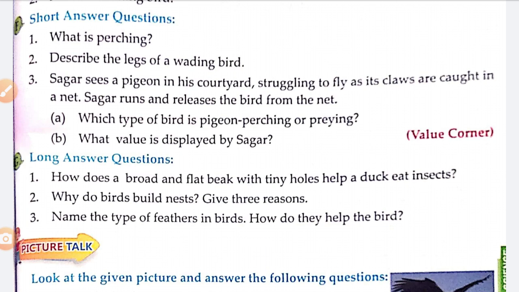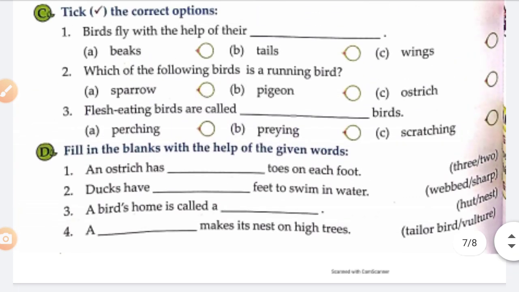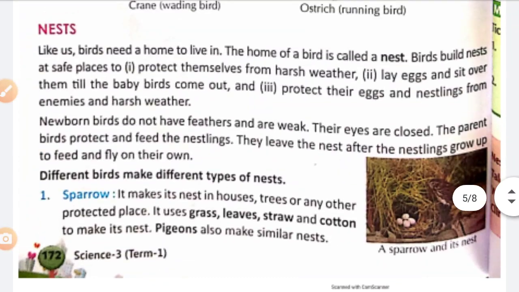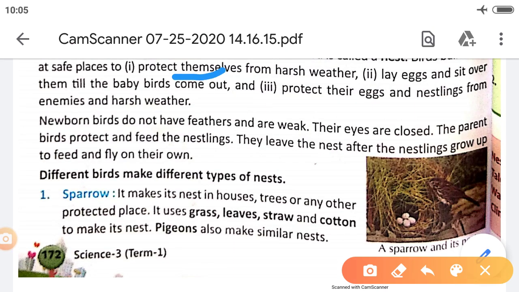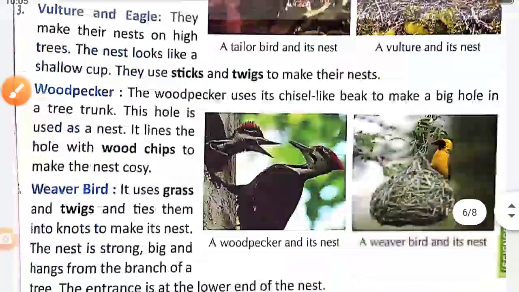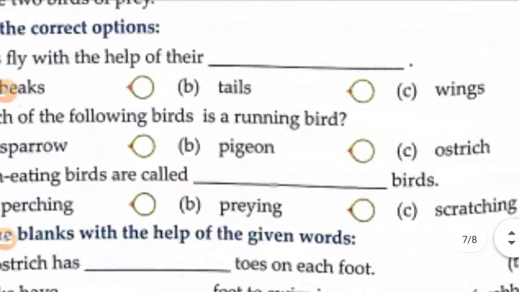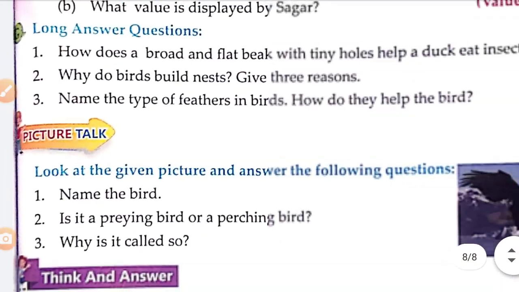They protect their nestlings from the harsh weather. And what are these 3 reasons? They protect themselves from the harsh weather, lay eggs and sit over them till the baby birds come out, and protect their eggs and nestlings from the enemies and harsh weather. These three reasons you have to write there in that answer.